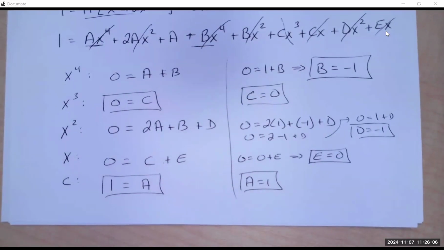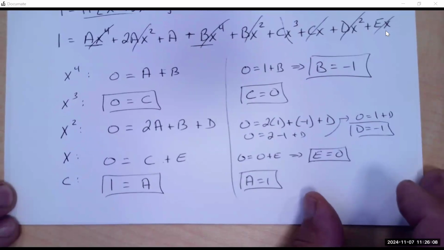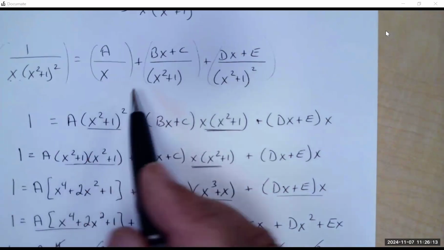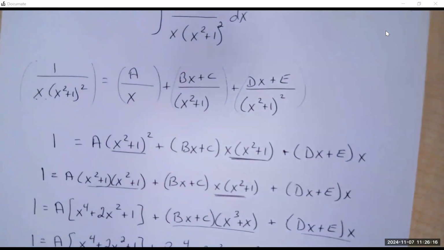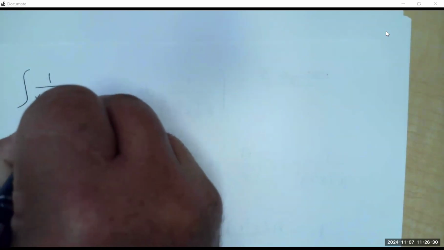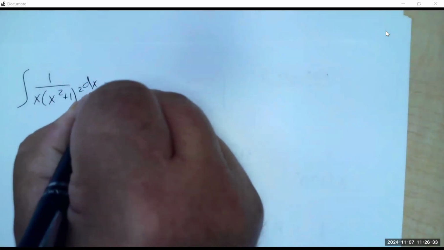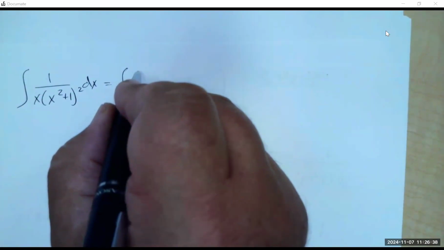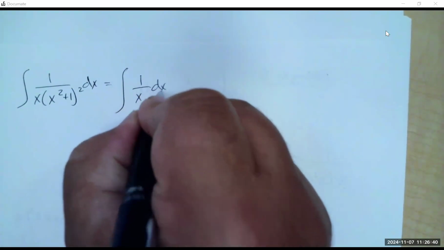Those look like normal numbers now. What do we do with those? Plug them in up here. And then take the integral of it. So we have the integral of 1 over x, this equation, is equal to integral of 1 over x dx.